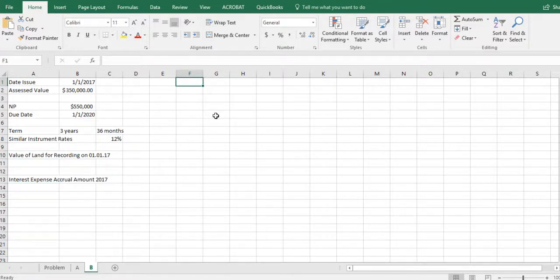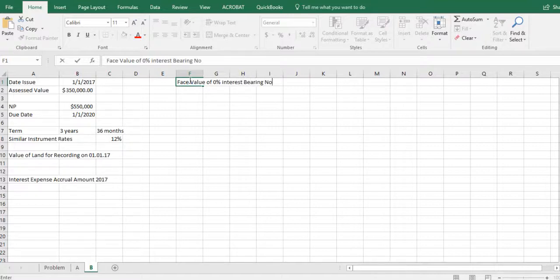So for the first part of it, we have the face value of the 0% interest-bearing note. That's what this is called because it's not defined.